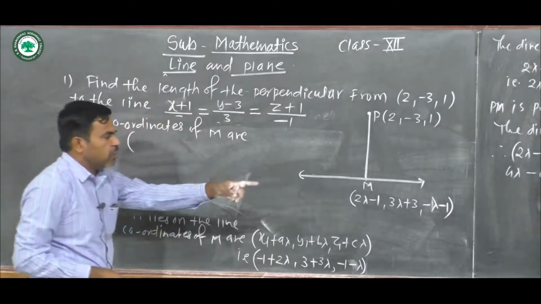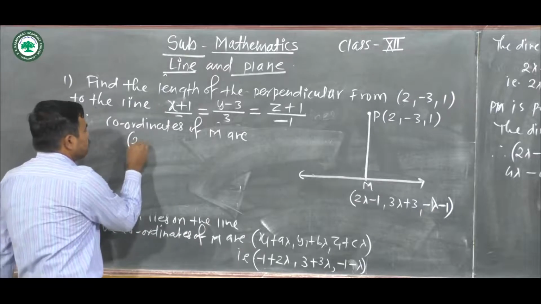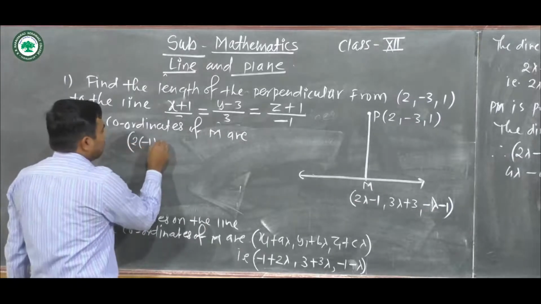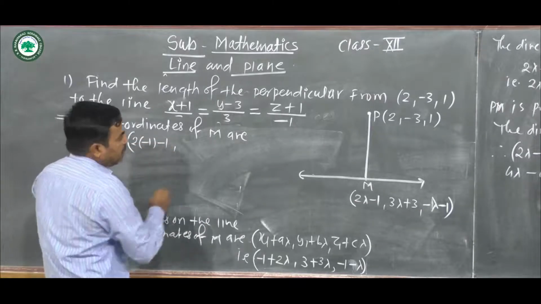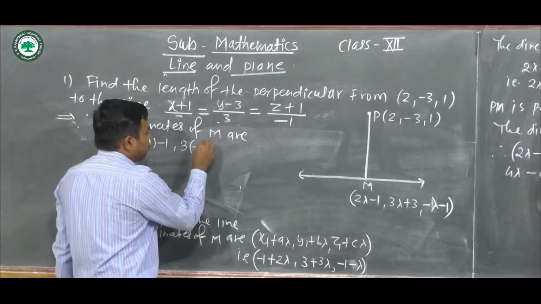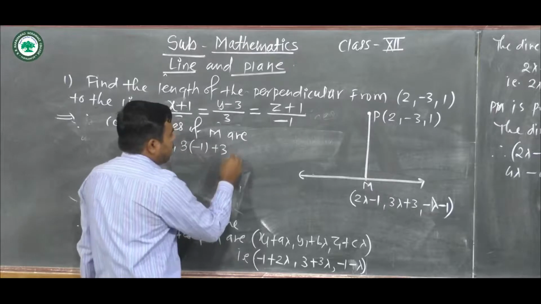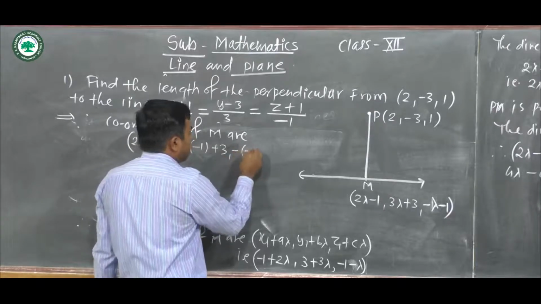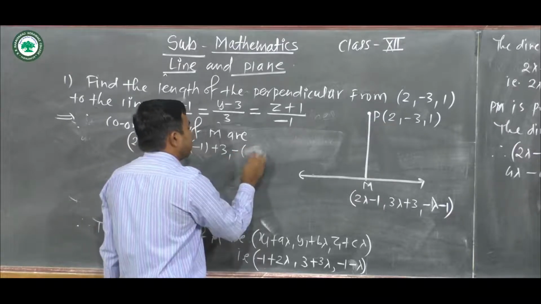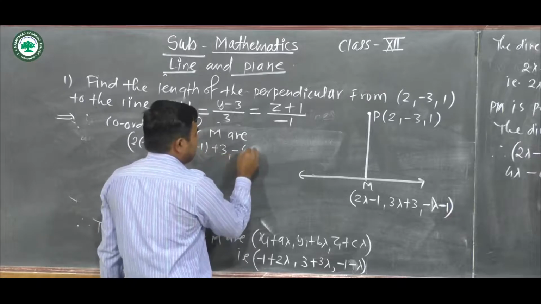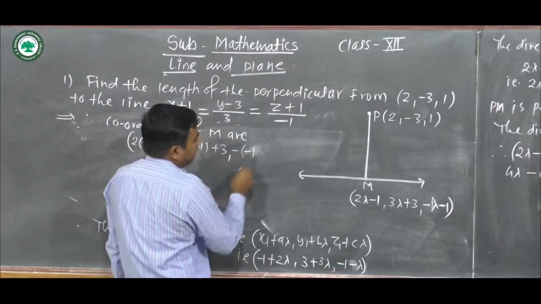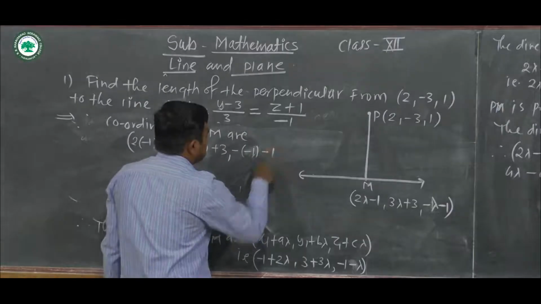Only put lambda is equal to minus 1 in this. So it is 2 into minus 1 minus 1, comma 3 into minus 1 plus 3, comma minus of minus 1 minus 1.